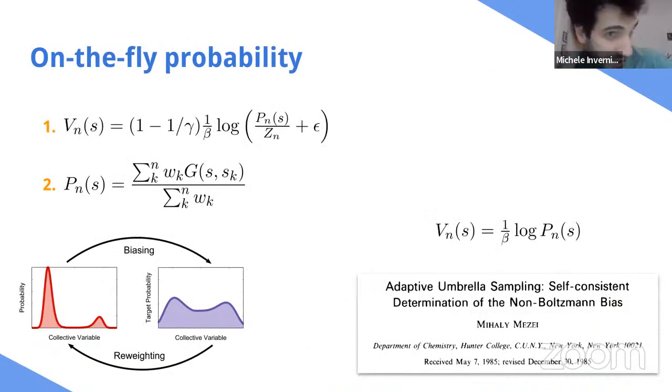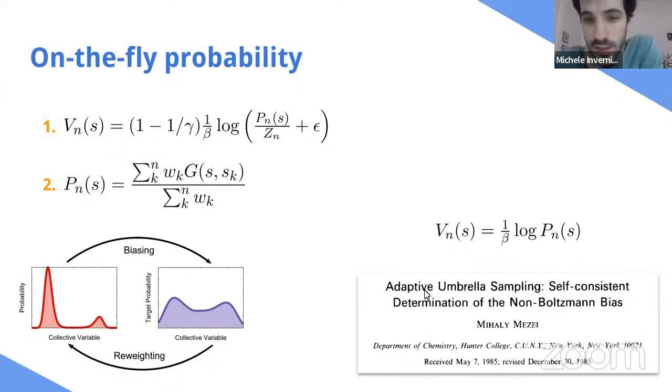So to summarize, these are the two key equations of OPES, again, as before, but this time in case of sampling a collective variable. The bias potential is a function of this estimate of the unbiased probability distribution, which is built by a kernel density estimate.